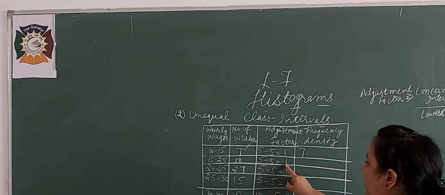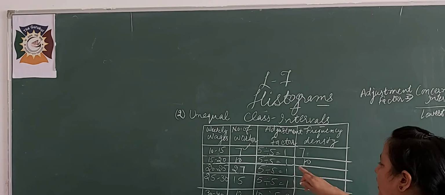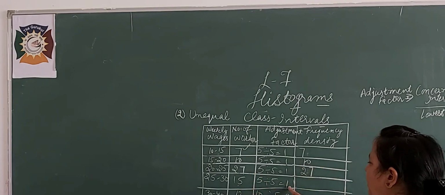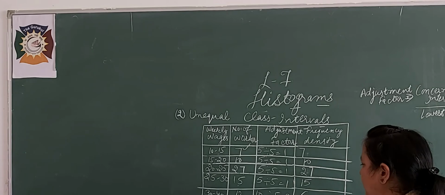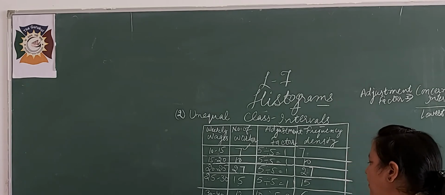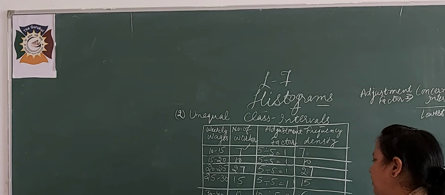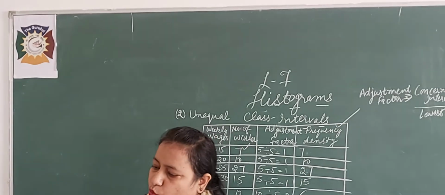Next, 10 divide by 1, 10. 27 divide by 1, 27. 15 divide by 1, 15. Next, 12 divide by 2, that is 6. 12 divide by 4, that is 3. And 8 divide by 4, that is 2. That is the frequency density.